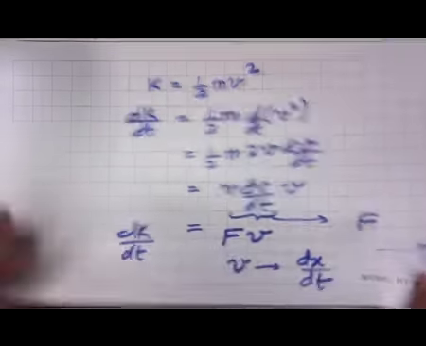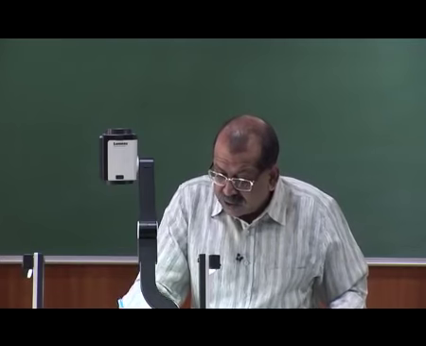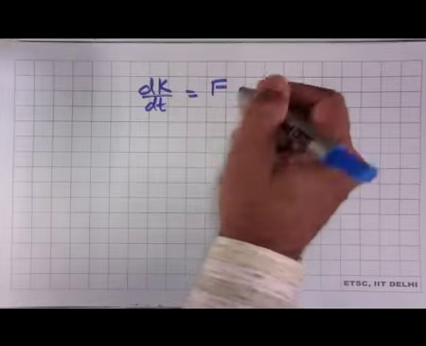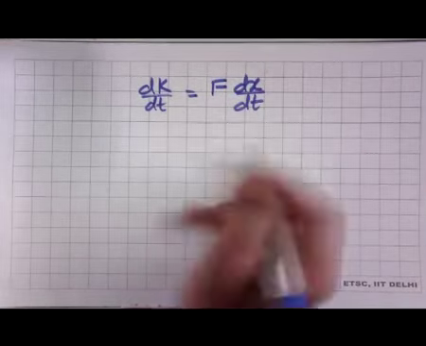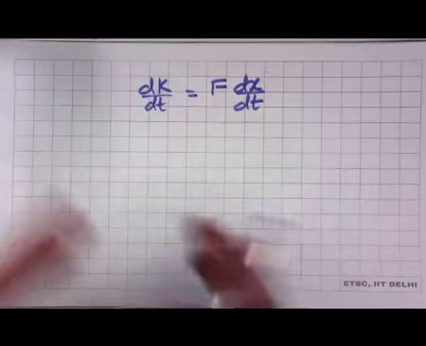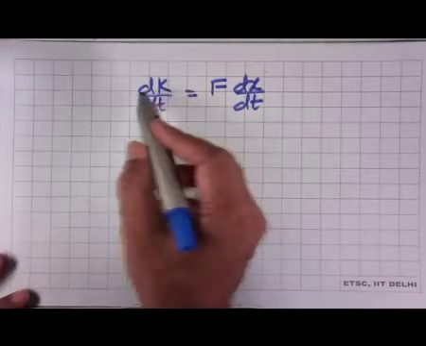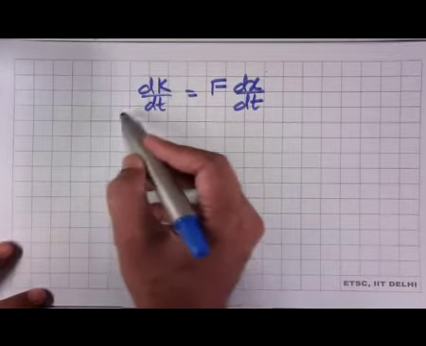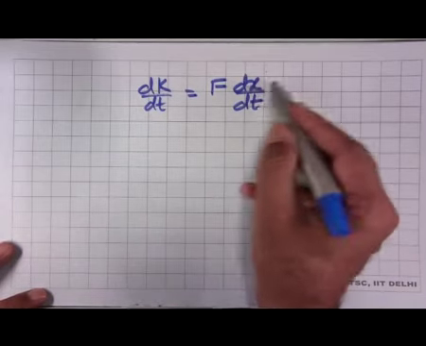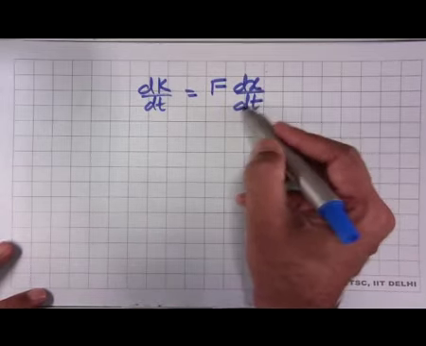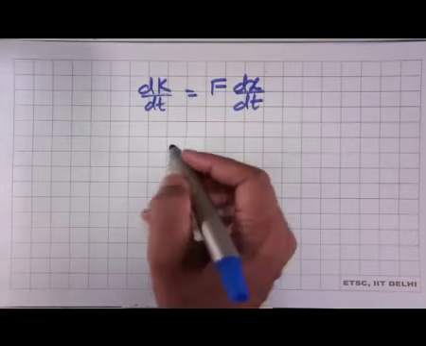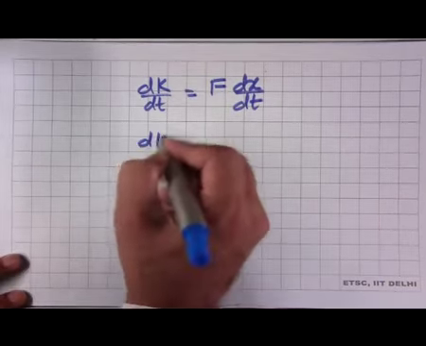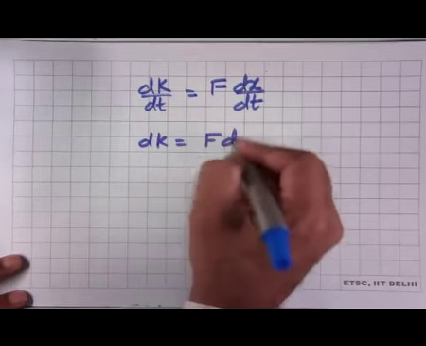So, therefore, what we get is dK by dt is equal to F times dx by dt, and if we use the notation that dK by dt is delta K by delta t in the limit delta t goes to 0, and dx by dt is delta x by delta t in the limit delta t going to 0, then delta t on both sides can go away, and this will give us dK is equal to F dx.